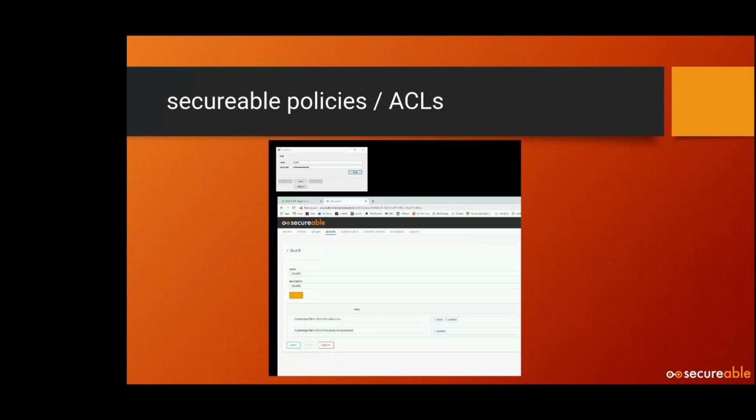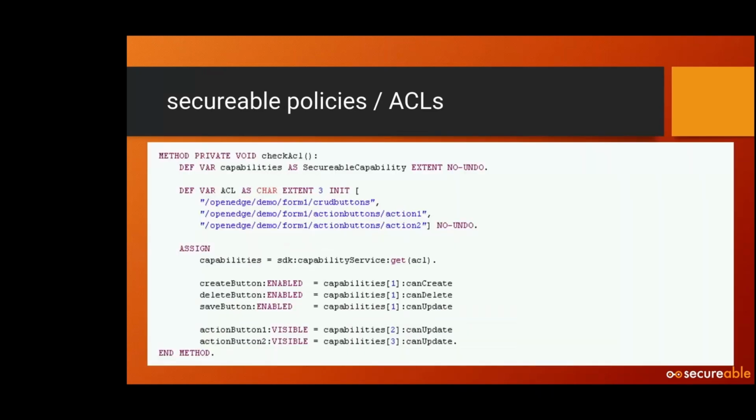So internally, all we're doing is checking that code: here's the path I want to check, what capabilities do they have? And SECURABLE returns whether you can create, delete, update, list, read, whatever, based on those capabilities. So you can pass in any number of paths that you want to check, and it just returns an array of capabilities for that. So very, very simple to use.